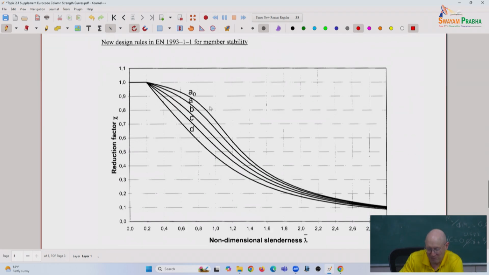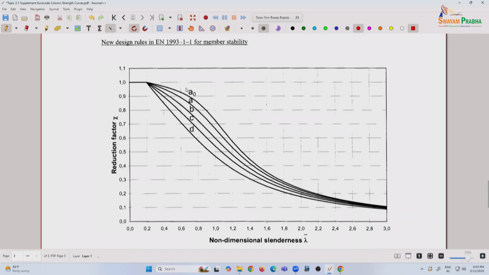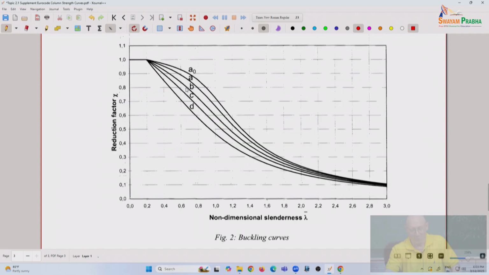And of course, as you're very familiar, I believe the Indian code doesn't have the A0 curve. Is that correct? But it has the A, B, C, and D, if I understand it right. And that's the way we have it.